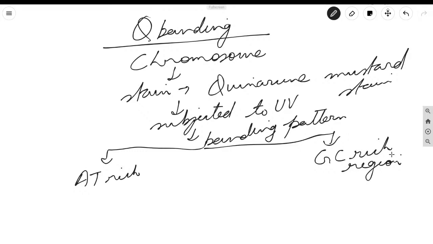The AT rich region will be known as the gene poor region, or simply heterochromatin. It will quench the dye more and fluoresce more. It will show more fluorescence, and it means heterochromatin.